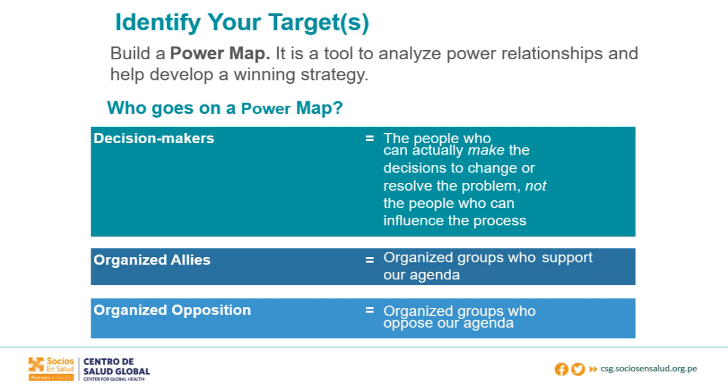And you'll want to put these three different categories of individuals on your power map. That being decision makers, so that's the people who actually have the power to give you what you want. And then you have your organized allies, who are folks you're working with and supporting your agenda, and then your organized opposition.